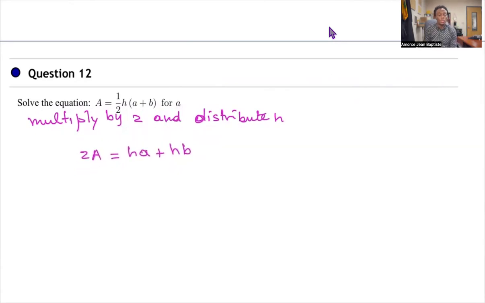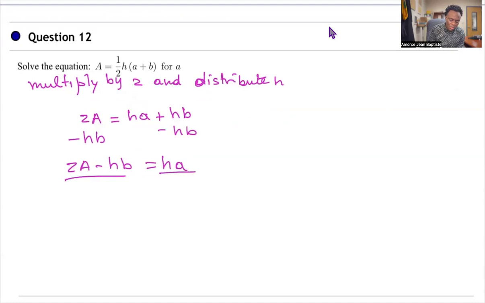All right, so that takes me to, remember we're solving for this, so I'm going to subtract HB on both sides, or BH. So 2A minus HB equals HA.